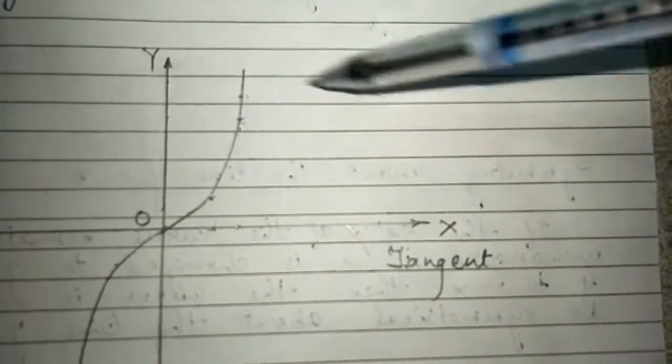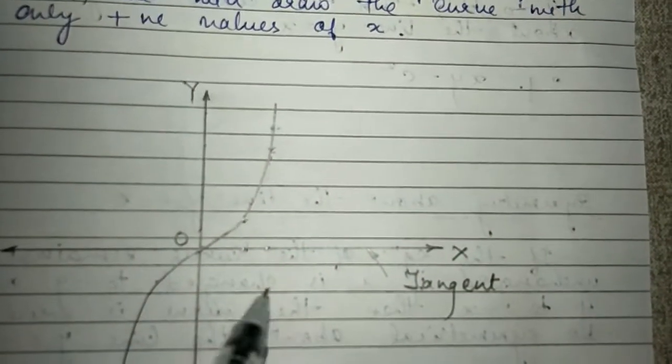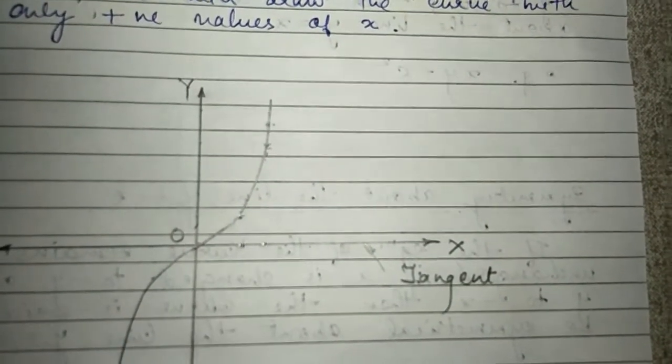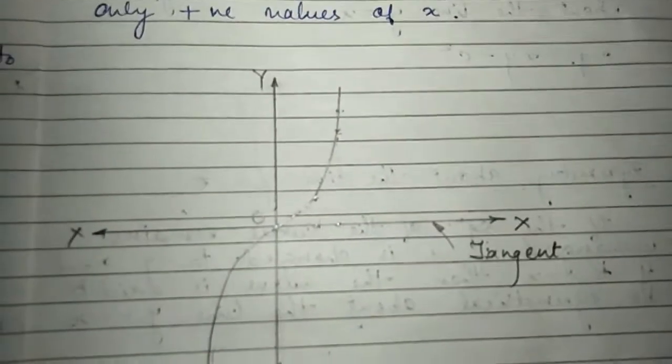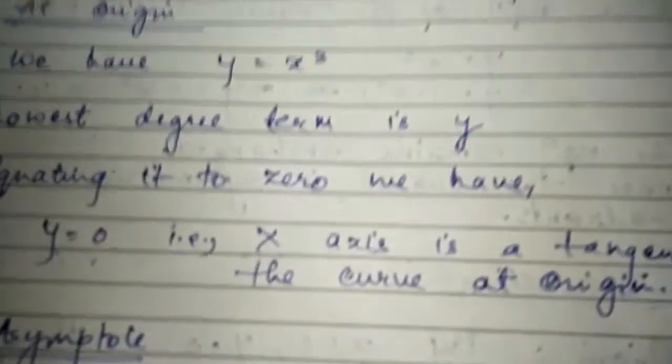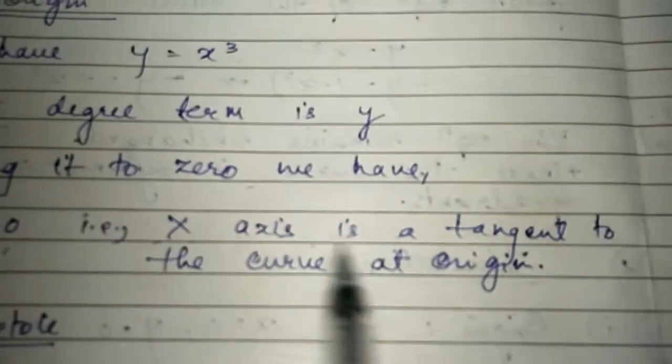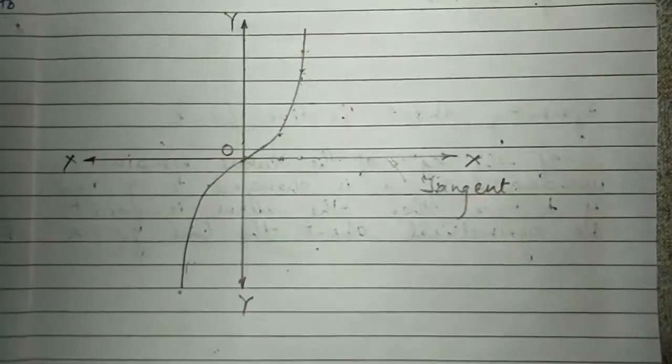So this is in the first quadrant, and the given curve is symmetric in opposite quadrants. So we can similarly trace the curve in the third quadrant. The curve is not present in the second and fourth quadrants, and we have found out that at origin y is equal to 0, that is the x-axis is a tangent to the curve at origin. This is the x-axis which is a tangent to the curve at origin.